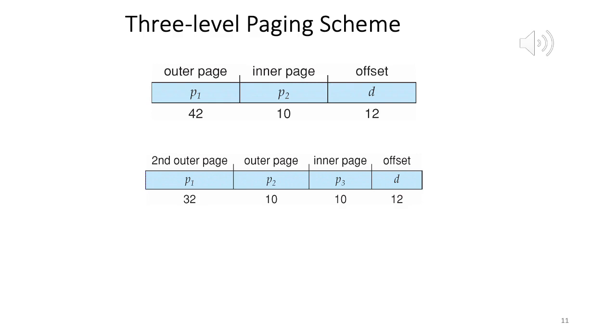Now we've got the frame address, use that with the offset, and get the address.